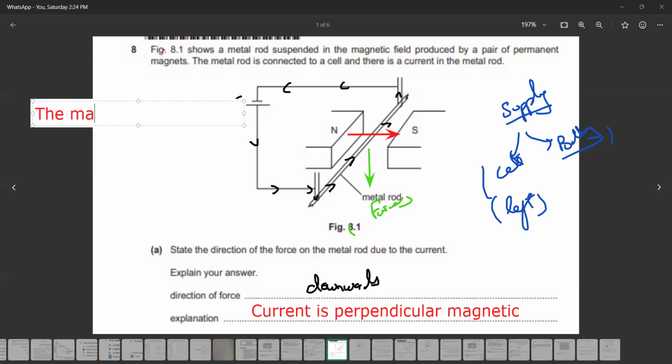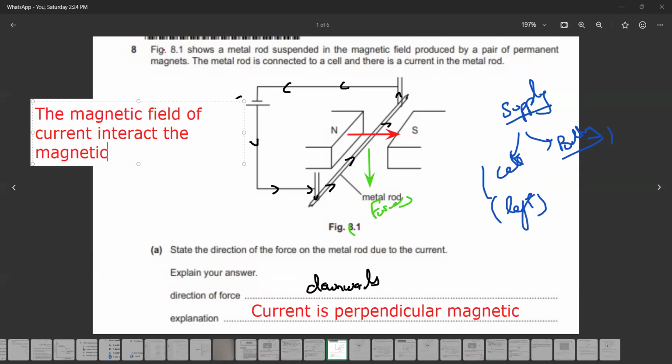The magnetic field of the current, because the current produces a magnetic field, so the magnetic field of the current interacts with, or you can say cuts, the magnetic field of a magnet, which causes a force on the wire.